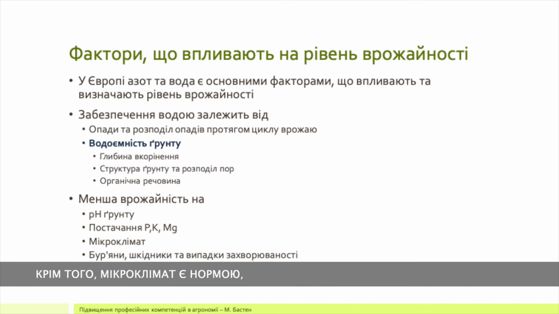Also microclimates along slopes or the exposition of the field and so on play a role, but it's very difficult to deal with that. And also weeds, pests, and diseases, we normally get a weaker response compared to, let's say, nitrogen, and of course, the water.